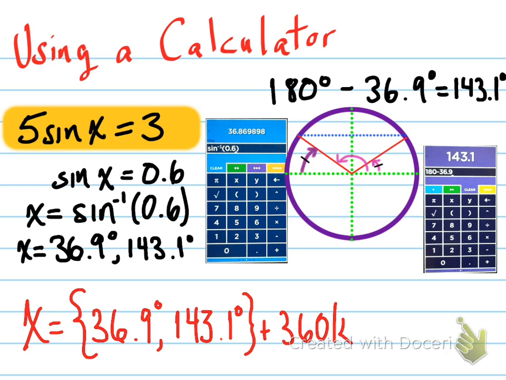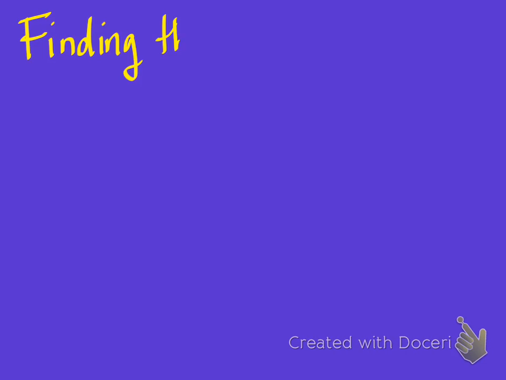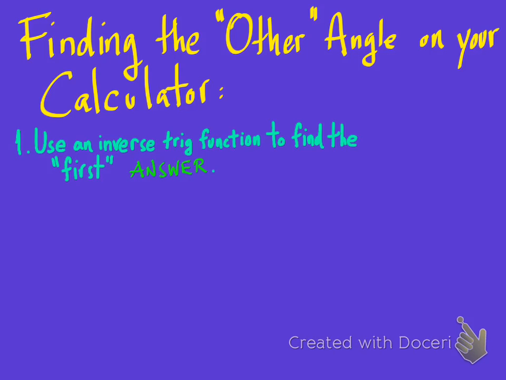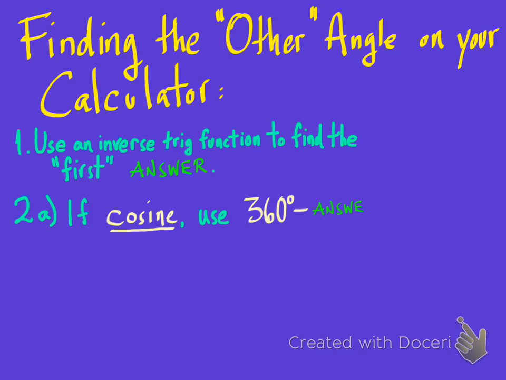On the next slide, I'm just going to summarize what you do to find the other angle for a trig equation by using your calculator. The first thing to do is to use an inverse trig function to find your first answer. This is, of course, after you've done all the algebra to isolate the trig expression. Then, if your equation was a cosine equation, take 360 degrees minus your answer to find the other angle.